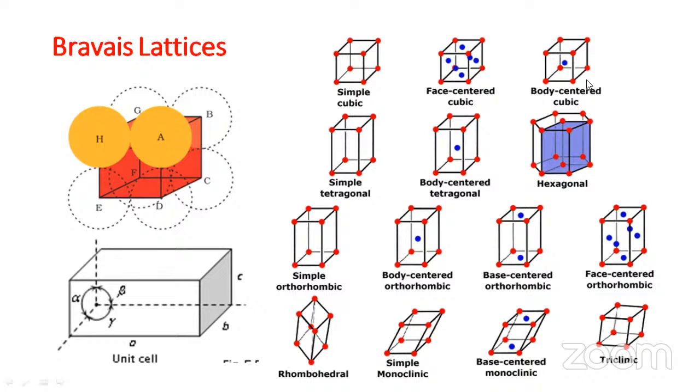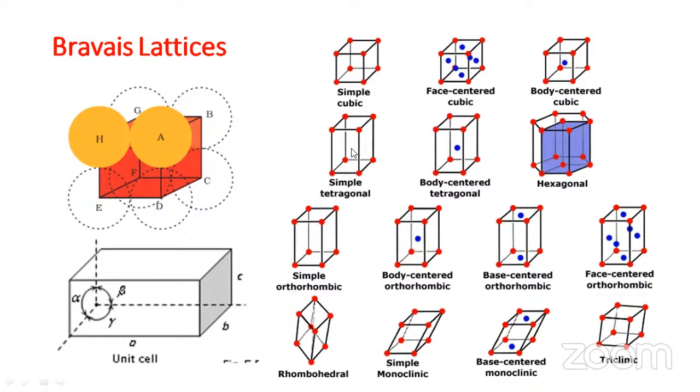You can also call it FCC. What is BCC? Body centered cubic cell. This is called a simple cell. In cubic unit cells, there are three possible variations: simple cubic cell, face-centered cubic cell, and body-centered cubic cell.